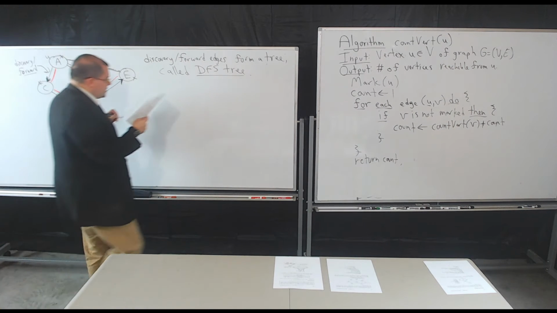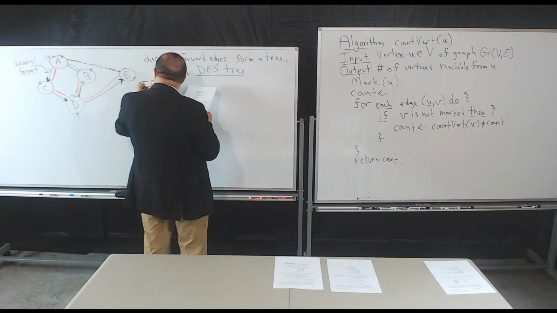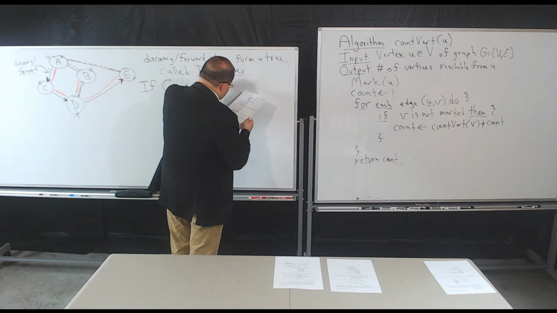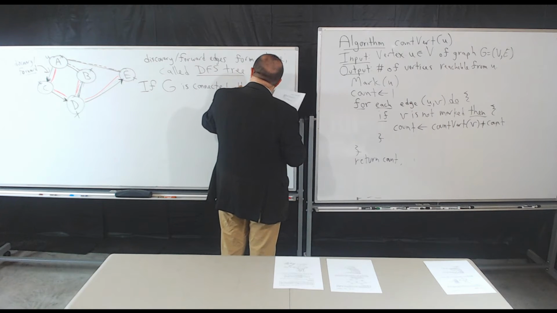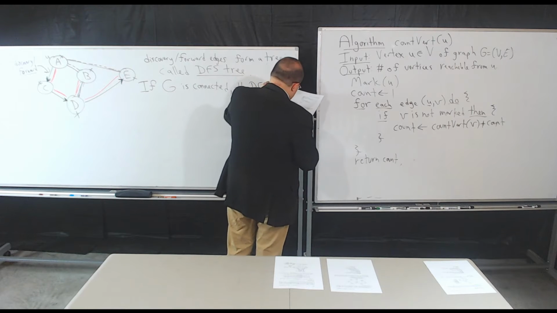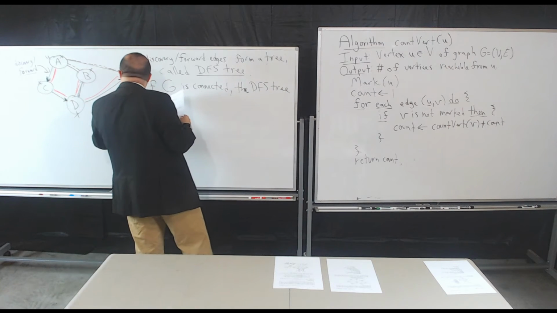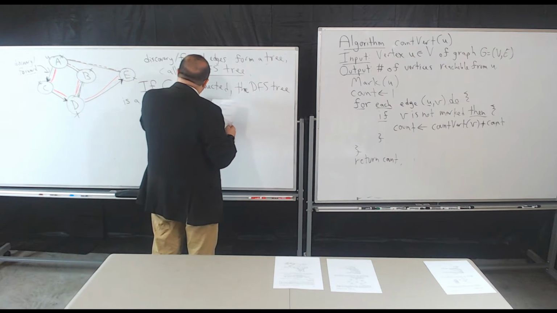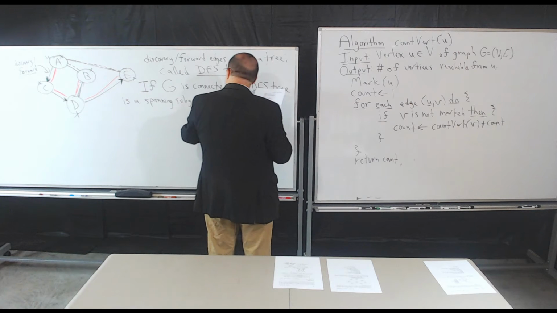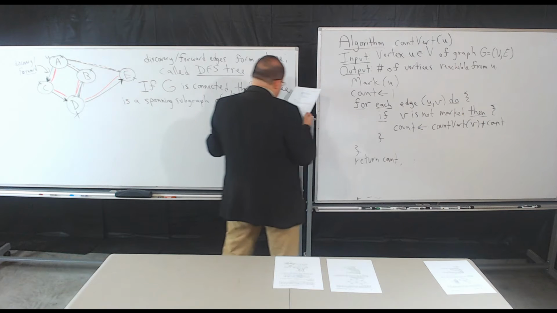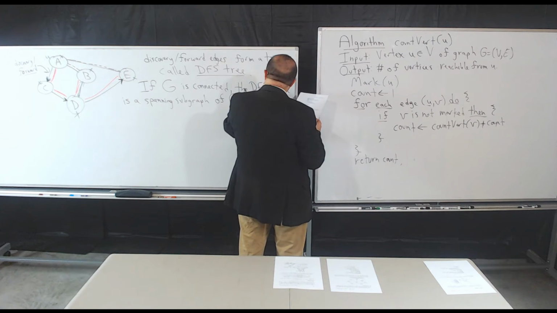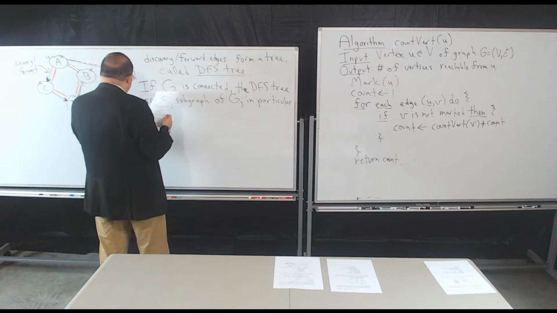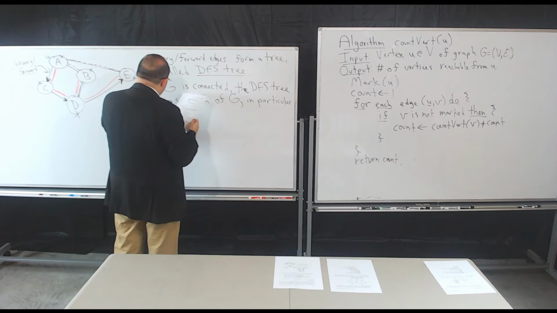I just want to point out that if G, the graph, is connected, the DFS tree is a spanning subgraph of G, which I'll define in a moment. In particular, a spanning tree.